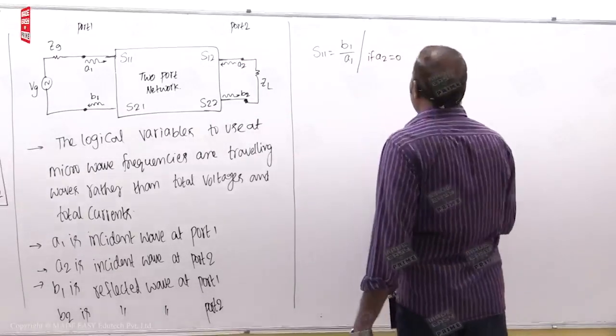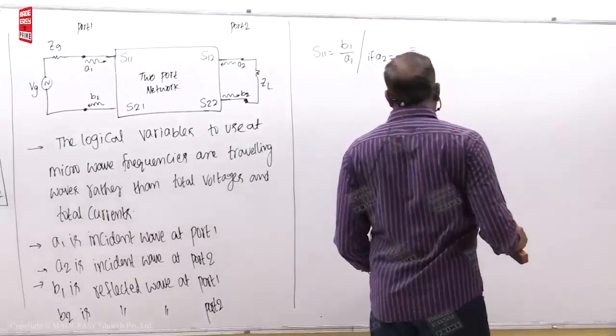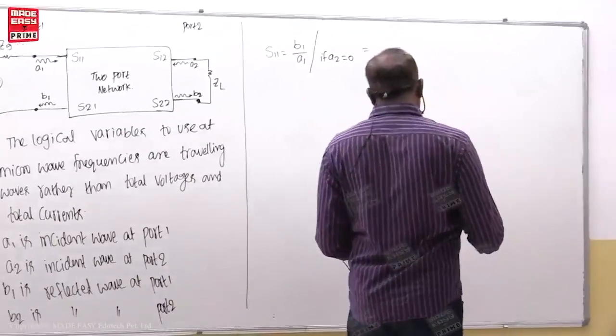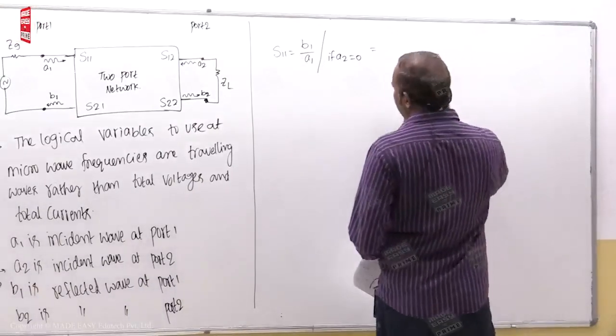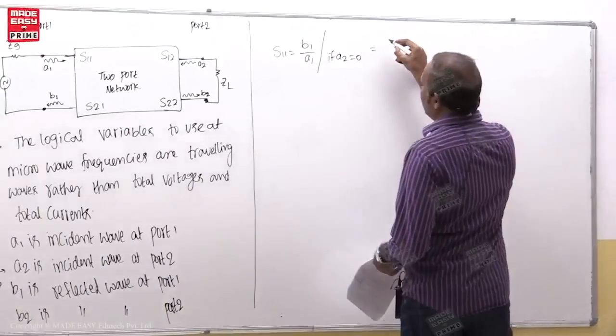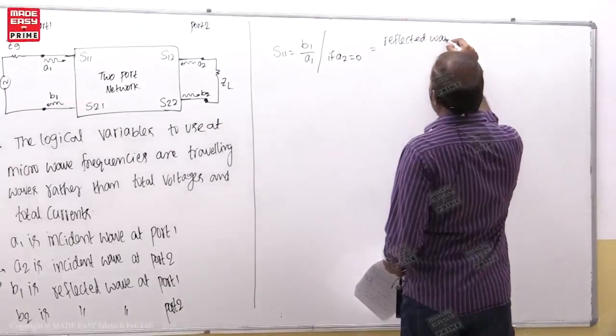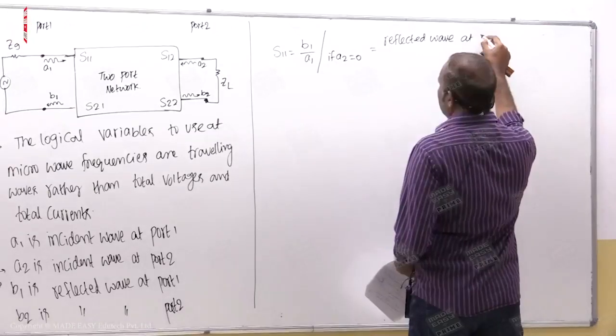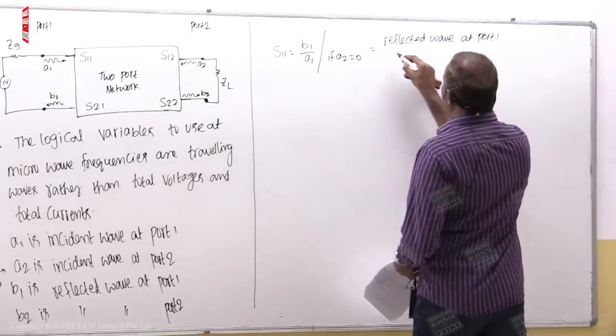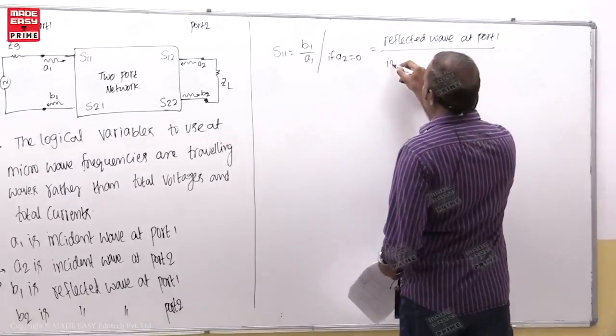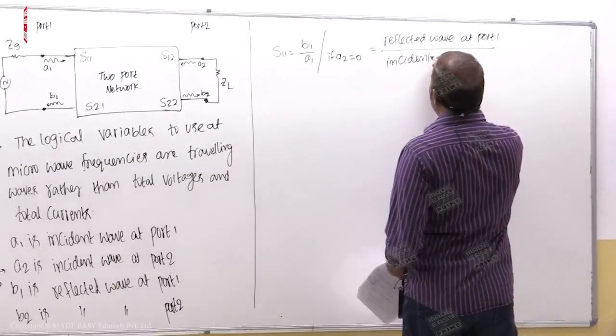Okay. So now I am writing here, dear students, what is the name of B1? B1 is nothing but the reflected wave at port 1 divided by the incident wave at port 1.